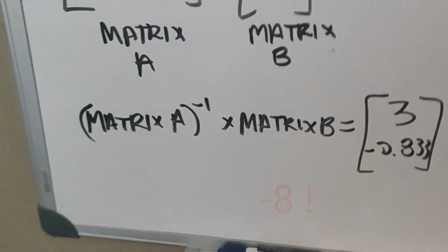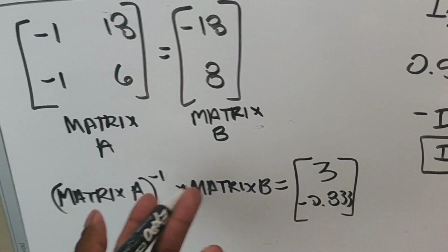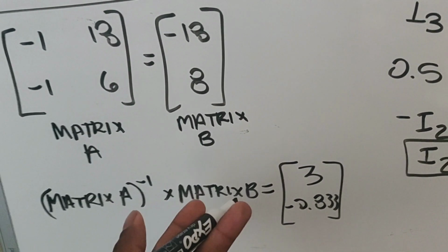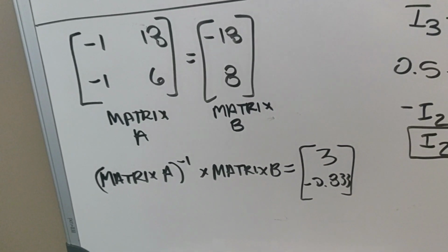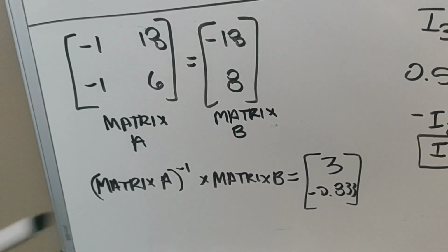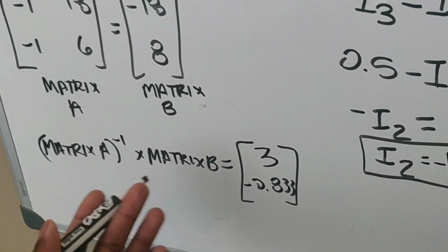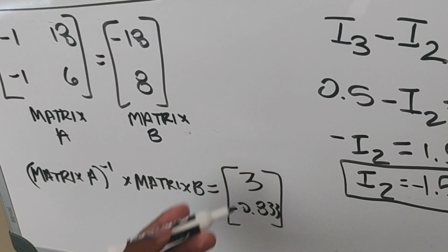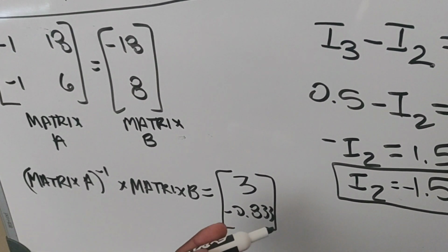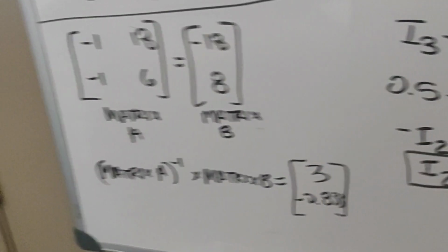And to solve for this matrix, we're going to take the inverse of matrix A and multiply that times matrix B. And again, if you want to understand that, go ahead and look up some videos on how to solve system of equations using matrices. But when you do this right here, you'll get another matrix with 3 and -0.833 in a 2x1 matrix.